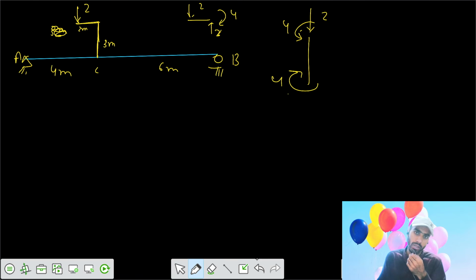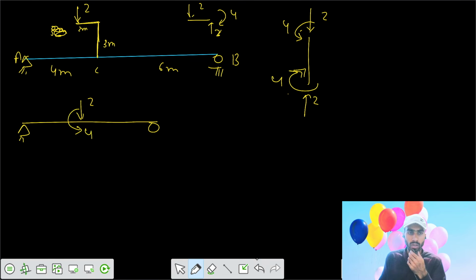It is 2 downwards, it was 2 upwards, and it has transferred. Now the reaction will be transferred: here it is 2, and the moment here was clockwise, so here the moment is anti-clockwise moment of 4.